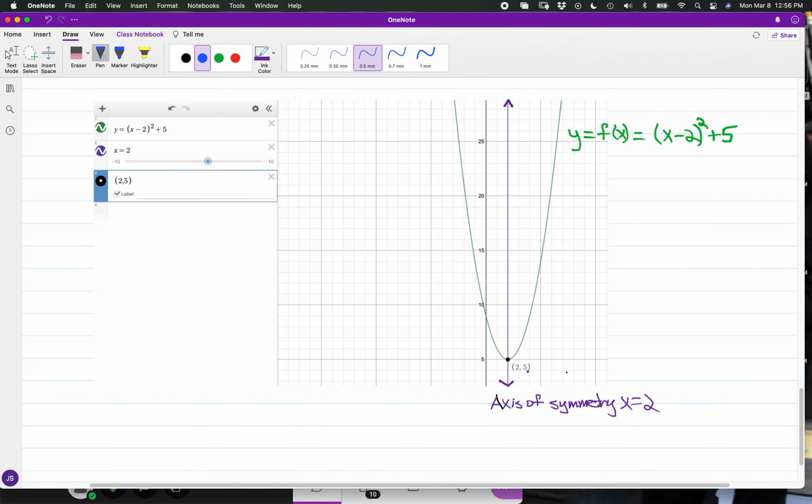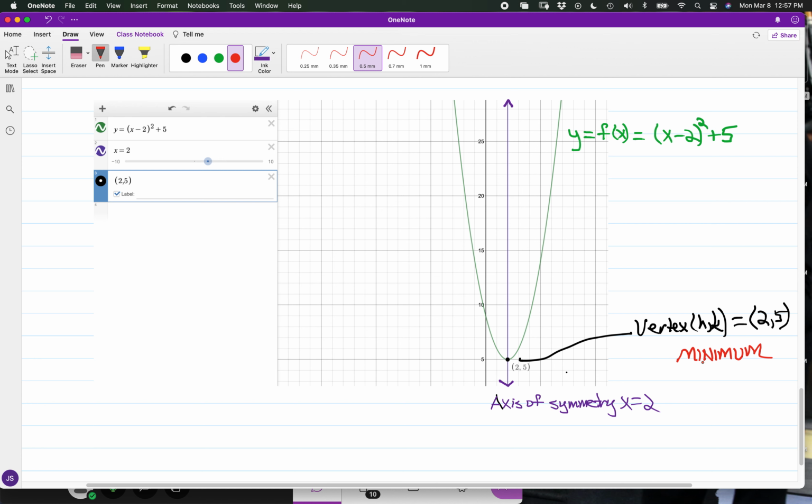And again, we have the vertex, which is going to be located at 2, 5. And notice the graph opens upward from the vertex. In this case, the vertex is going to be the location of the quadratic function's minimum. So the quadratic function has a minimum, and that is going to be the vertex.